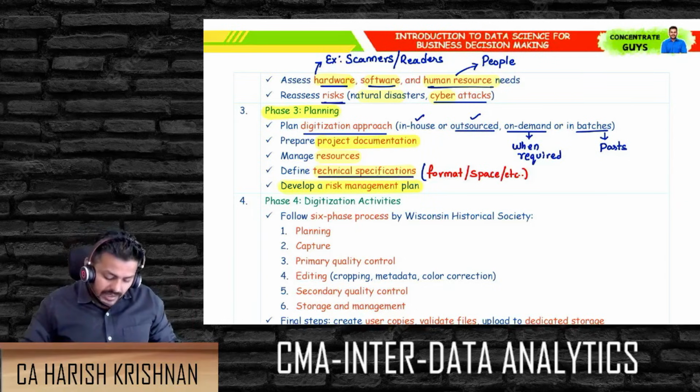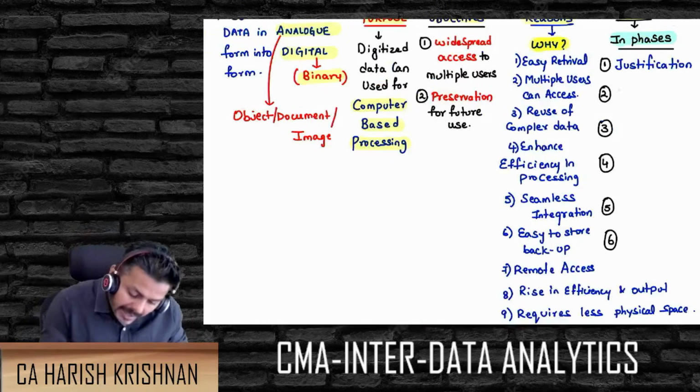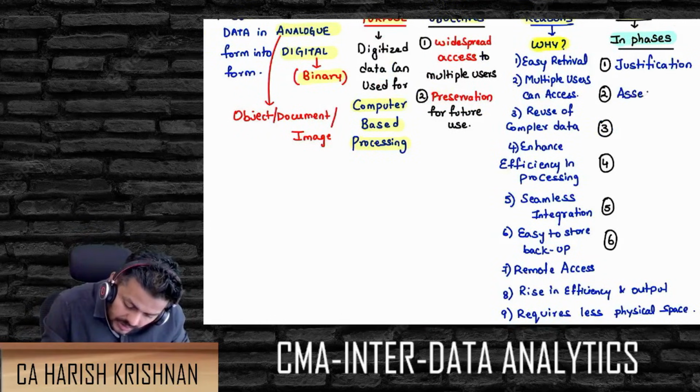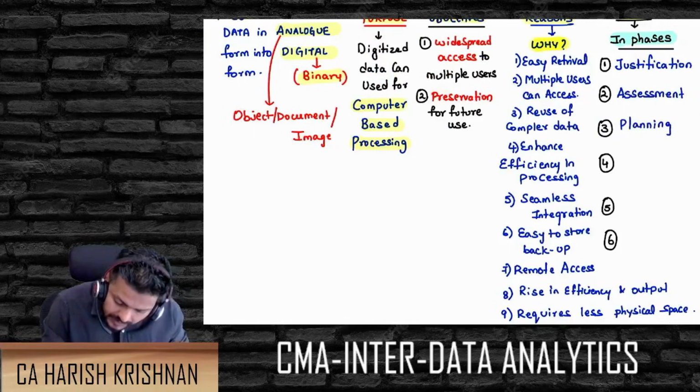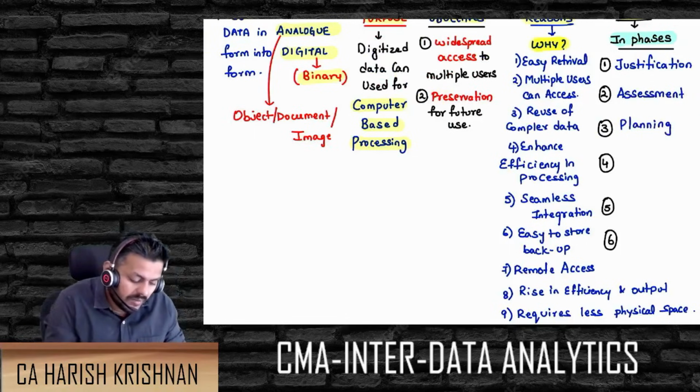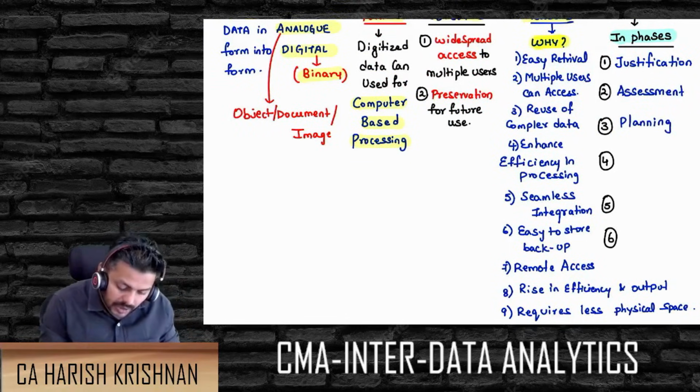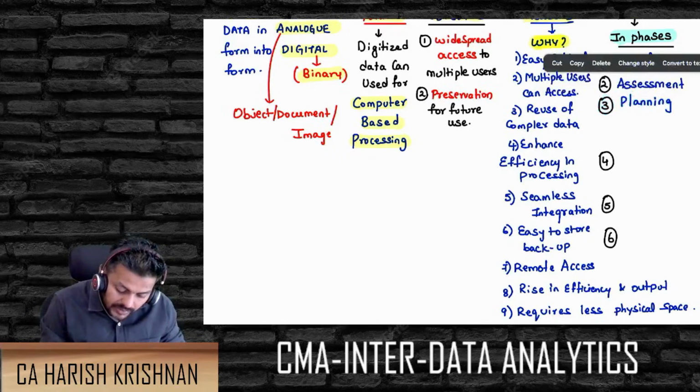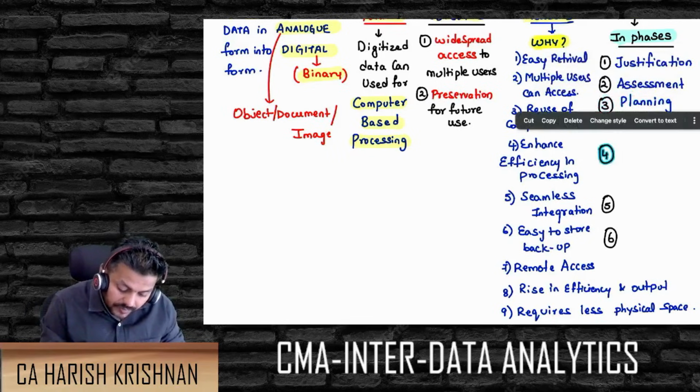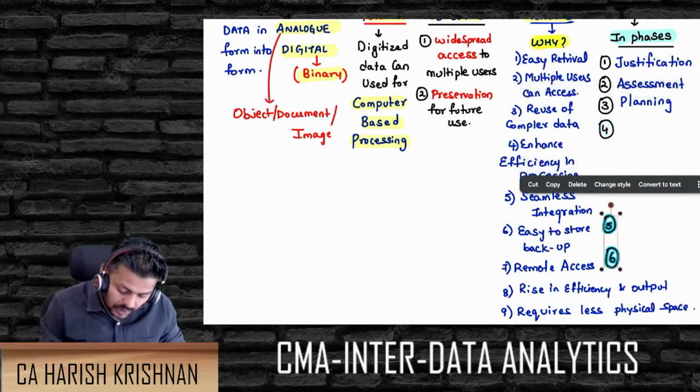What are the first three steps? Justification, assessment, and planning. Now listen very carefully. Now comes a very important activity, because no matter what you do in the planning stage, while you start doing something in action, things can sometimes go out of our control.